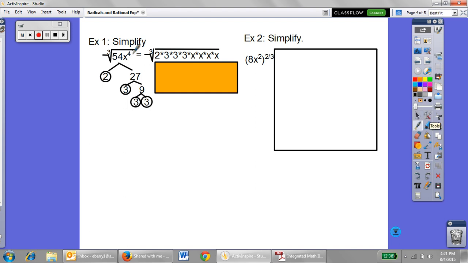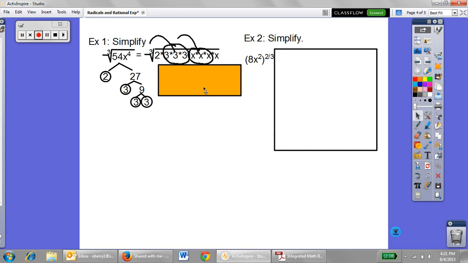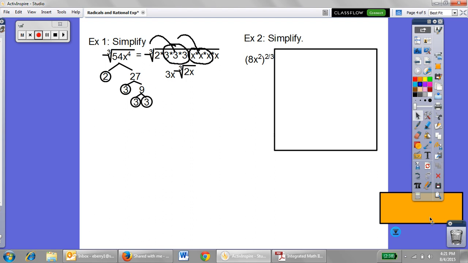Since it says the cube root, that means I need to circle a group of 3. So I can circle that group of 3 and this group of 3 x's. Those need to come outside of the cube root sign. So I bring out the 3 here, the x here, and I leave the cube root of 2x because the 2 and the x don't have groups of 3. So that would be my final answer.